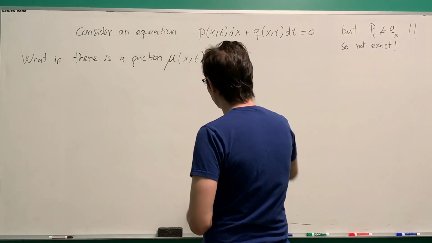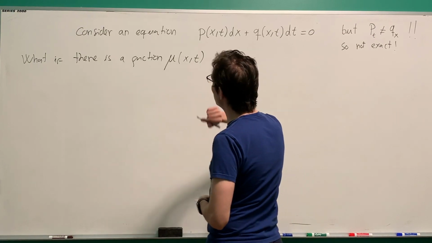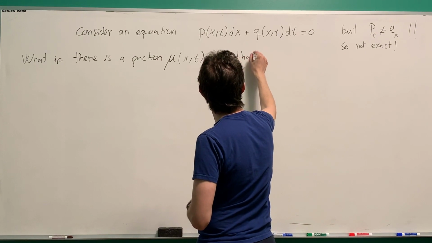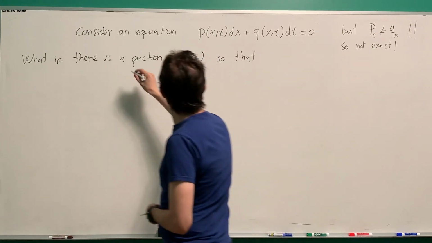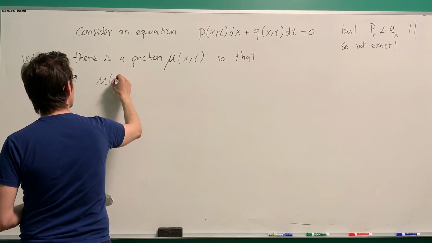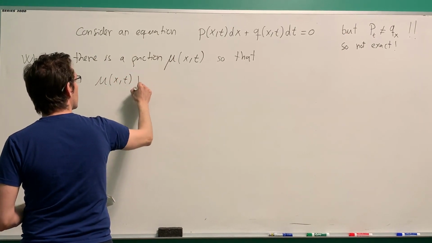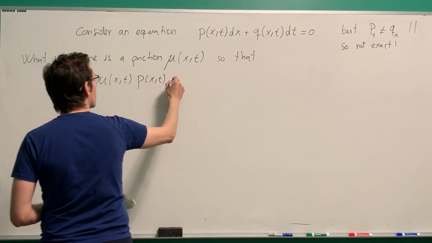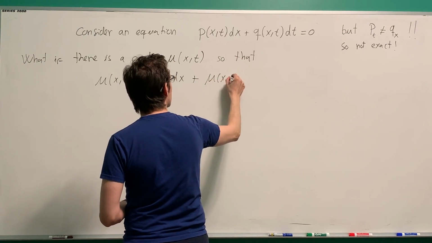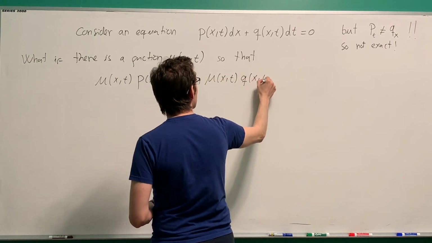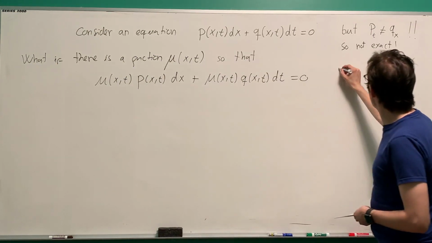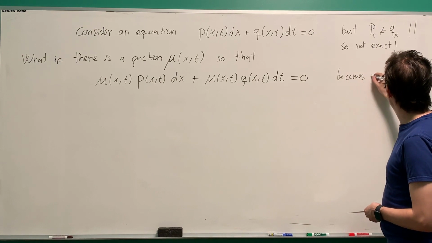Mu x,t, and imagine that there is a function mu x,t, so that when I multiply this equation by mu of x,t, mu p(x,t) dx plus mu q(x,t) dt becomes exact.